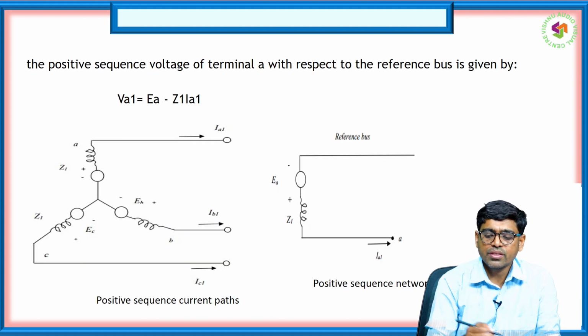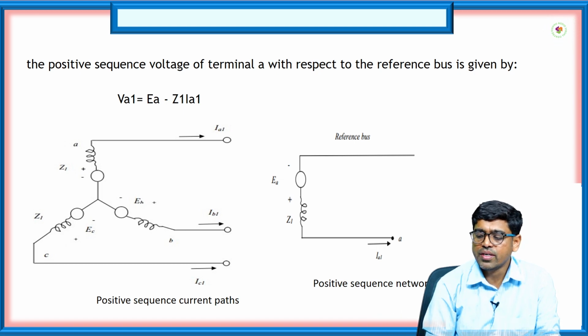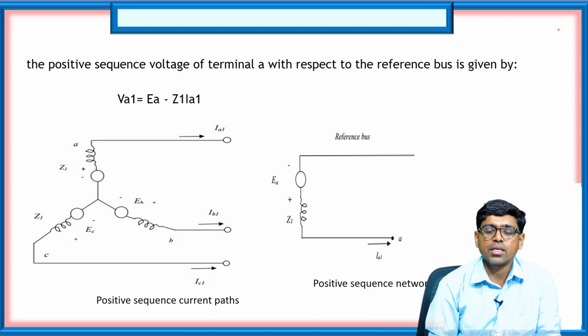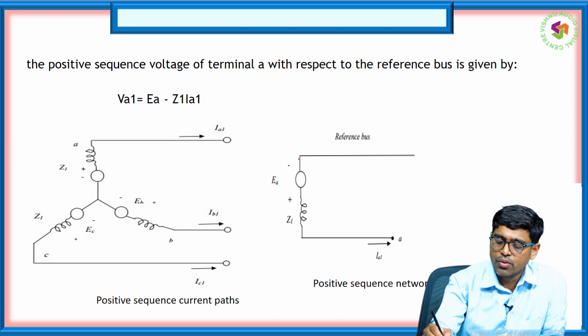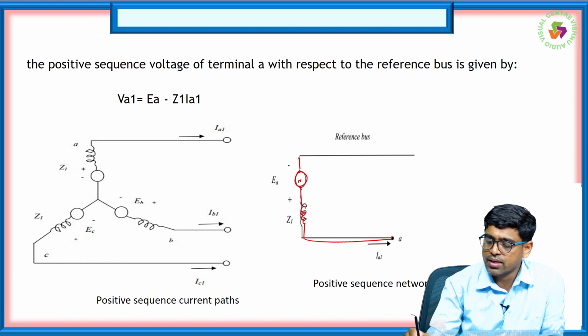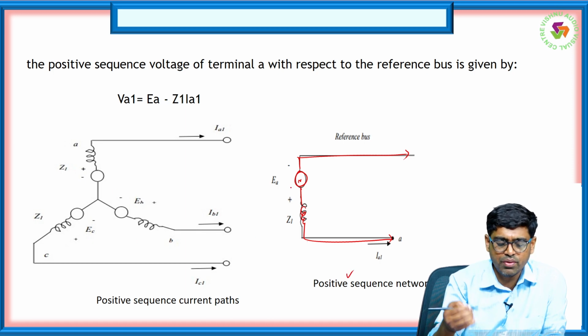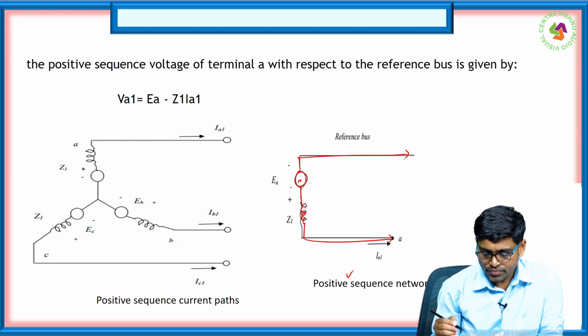So the positive sequence voltage of the terminal with respect to the reference bus is given by the voltage of this particular synchronous machine, which can be represented as a voltage source in series with the reactance, connected to the reference like this. The positive sequence network for A phase, B phase, C phase is the same.